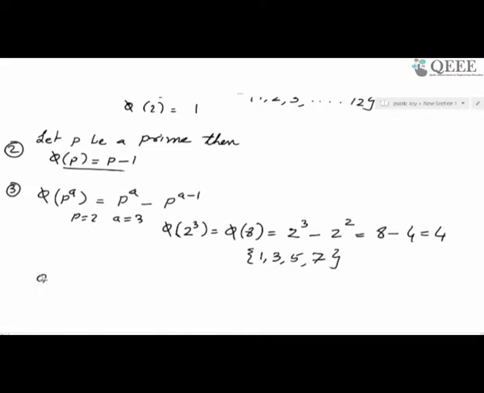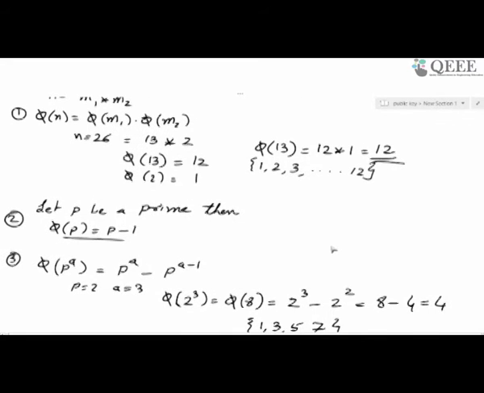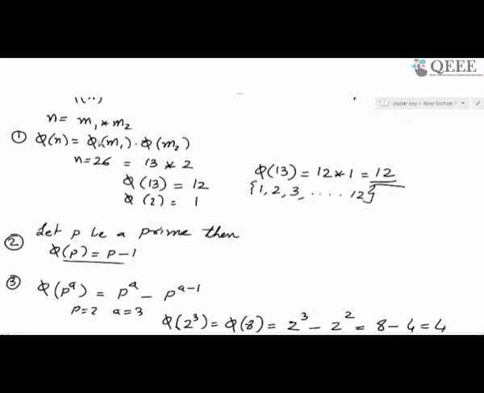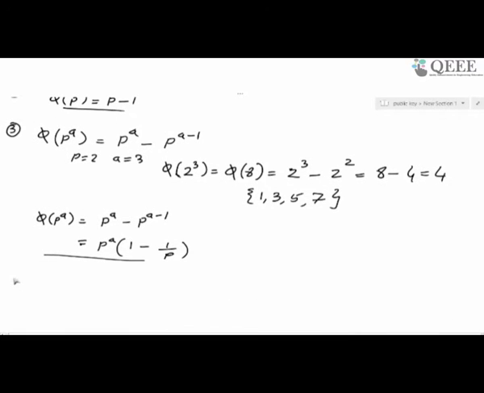We have phi of p power a is equal to p power a minus p power a minus 1. So this is equal to, taking p power a common, p power a into 1 minus 1 divided by p.